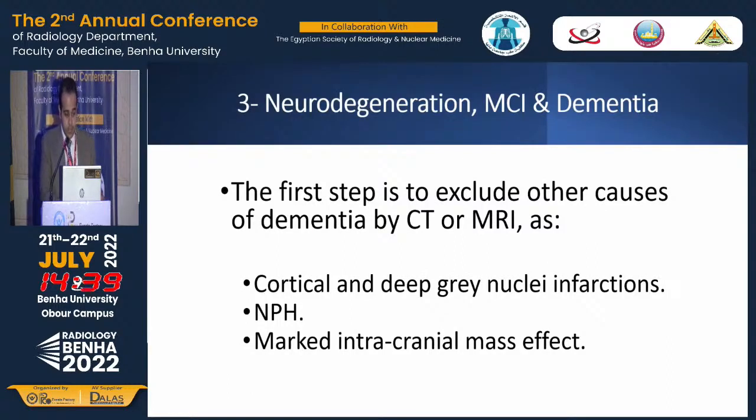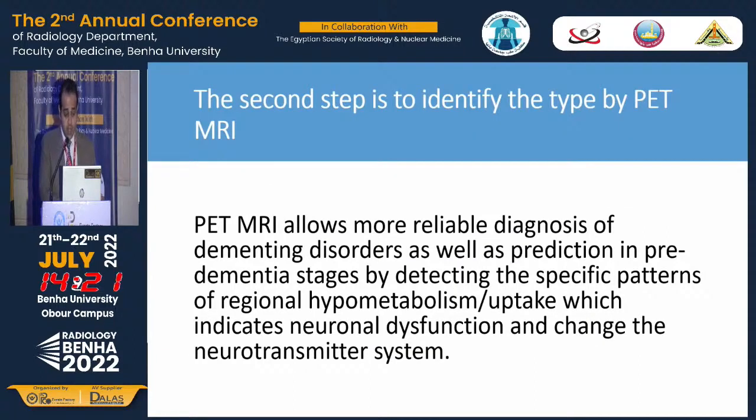The third application is neurodegeneration, mild cognitive impairment, and dementia. We have here two steps. The first is to exclude other causes of dementia by CT or MRI, like cortical and deep brain nuclei infarctions, normal pressure hydrocephalus, and marked intracranial mass effect. The second step is to identify the type by the PET-MRI.